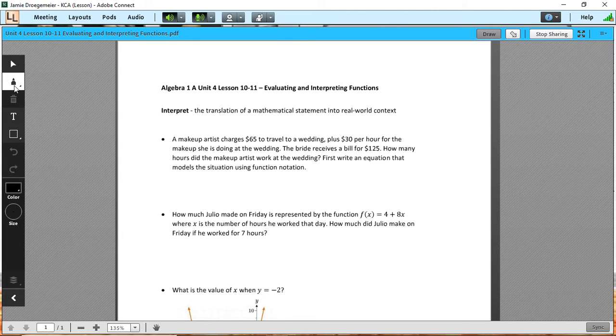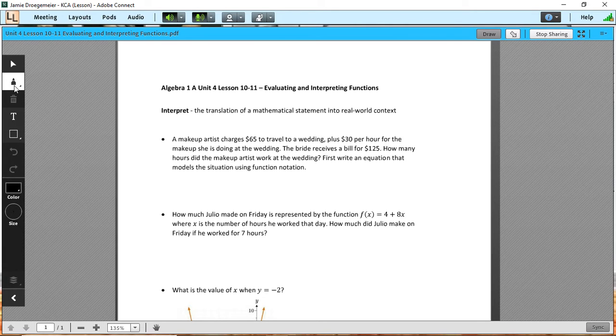If you think of the word translate, it's talking about going from one language to another. So we can think of this as going from mathematical language into more of a real world everyday language. And so these are going to be taking word problems, information, and interpreting it into a math context.